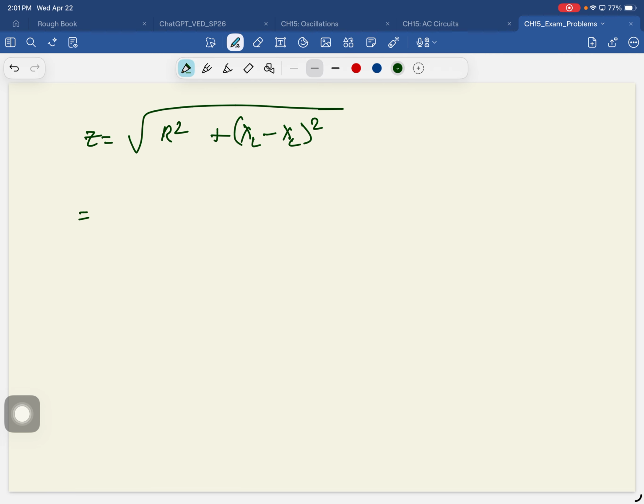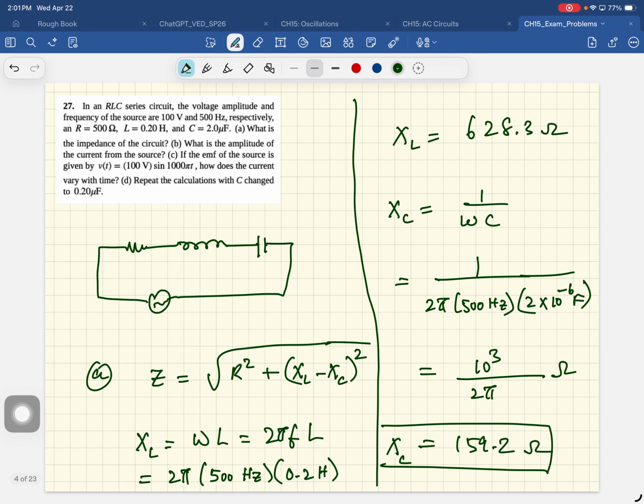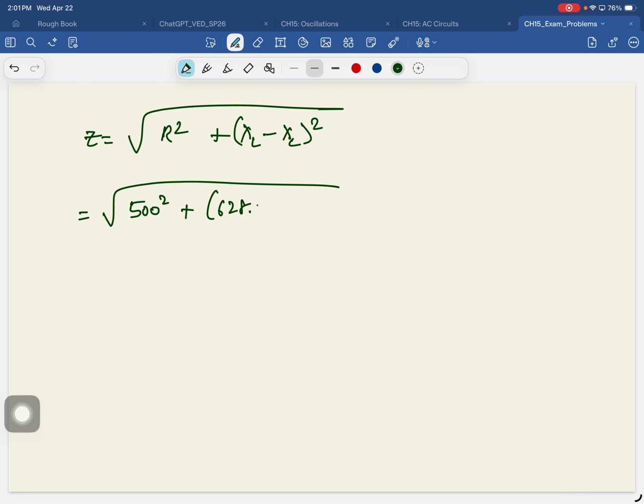Okay, so R is 5 ohms. XL is omega L. What is omega? Omega is 120 pi. Okay.